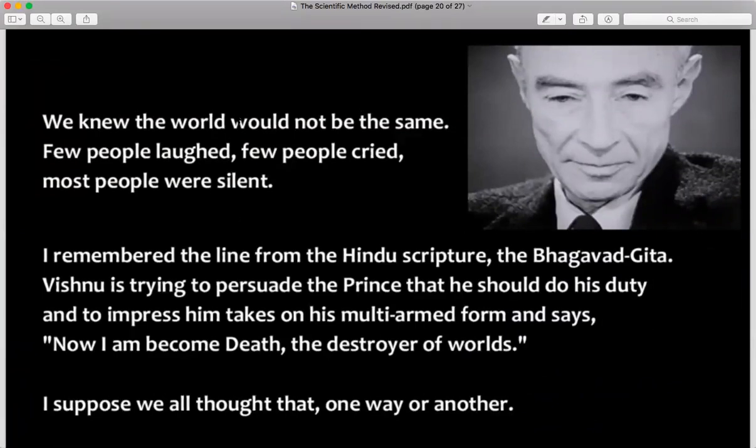And so this quote is him remembering how he felt when he first saw the first test of the first atomic bomb. It's quite a somber moment for me, a sober moment, because all the work we do has consequences in the real world, and for good or for ill, it's going to affect the world in some way. And so we should at least have some thoughts on how our research might be used.